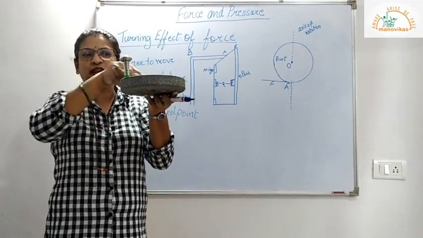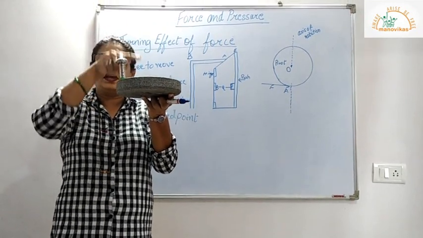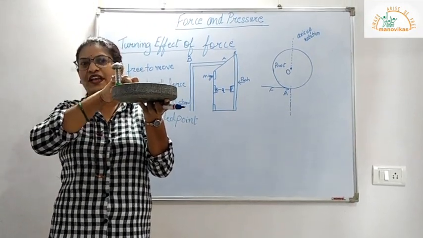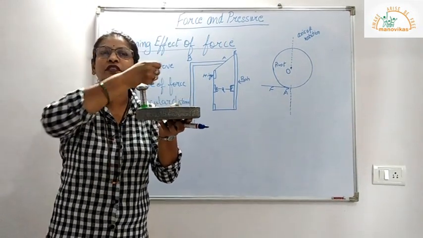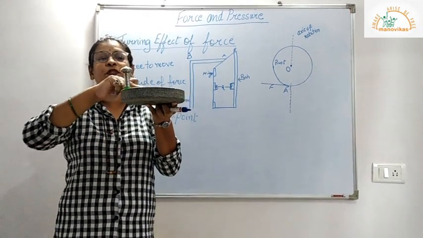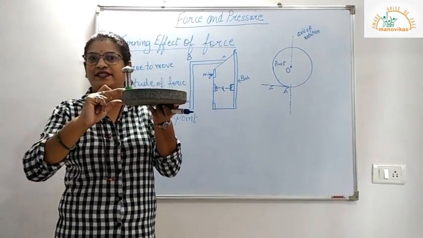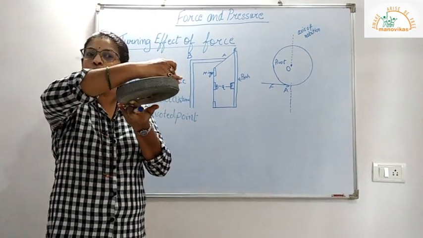Now this is at a particular distance, but if the handle was fixed at a closer distance from the axis of rotation, it would be rather difficult for us to turn the wheel. But just because the distance from the pivoted point is increased, it is easier to rotate the wheel.